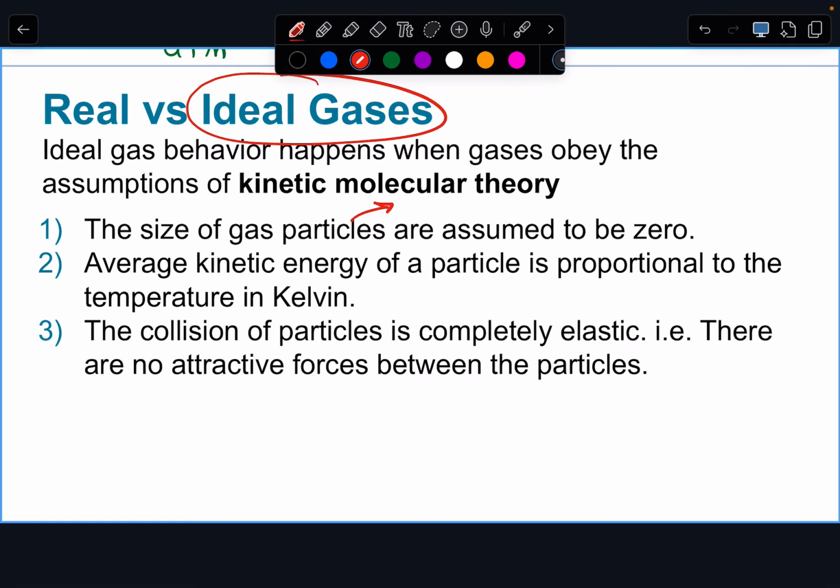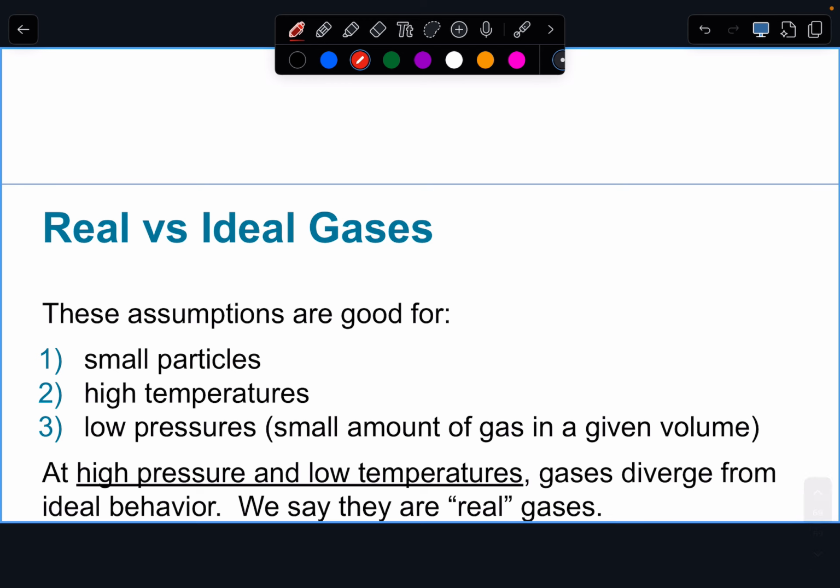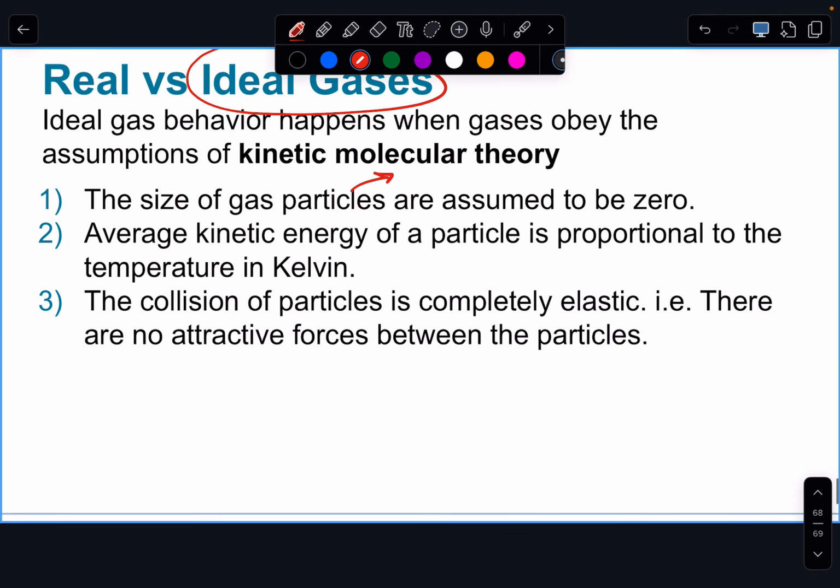If your volume is relatively big in comparison to the size, or as we're going to find out in a second, when are these assumptions good? When the particles are small. So if I have helium, a very small gas, teeny tiny atom, that's probably a pretty good assumption to say it's close to 0.